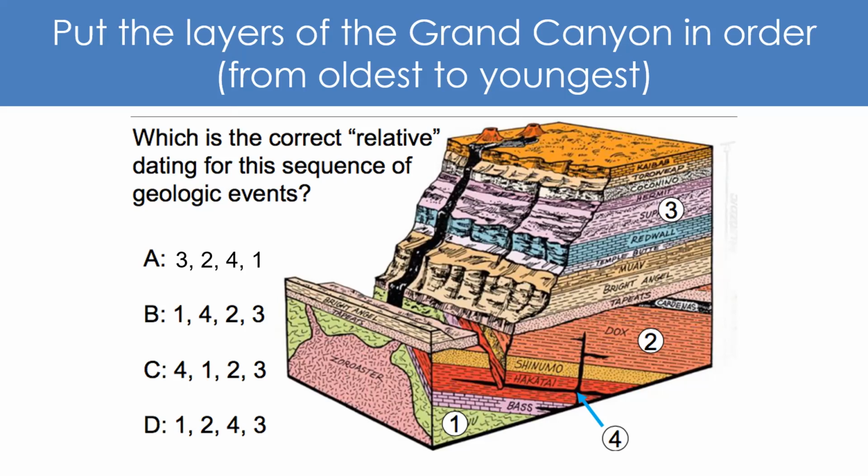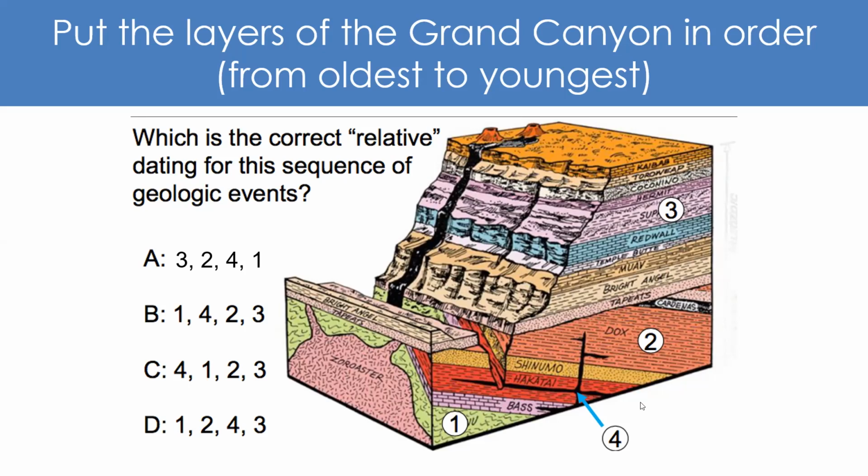So using law of superposition, is it the younger rocks on top or the younger rocks on the bottom? Younger on top. Very good. Okay, so we know 3 is not the oldest. That means that 2 is not the oldest either. So it probably makes sense that 1 is the oldest.